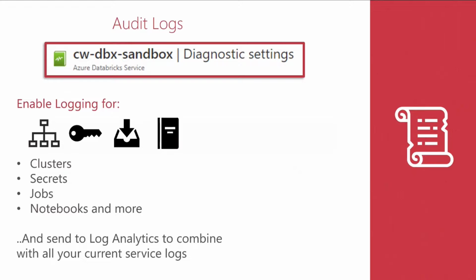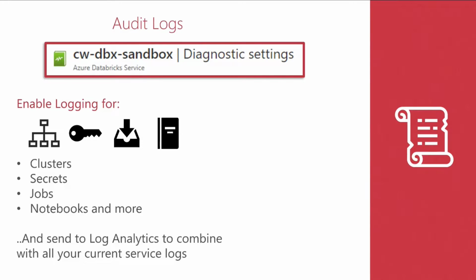So what we can do is apply some extensive audit logging. This is commonplace across all Azure resources, and that is from the diagnostic settings that are available for each resource.